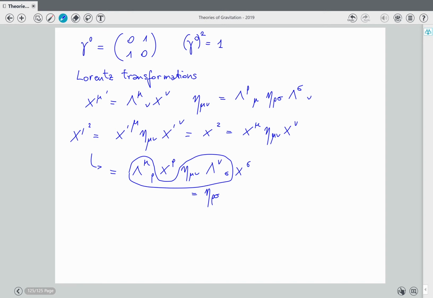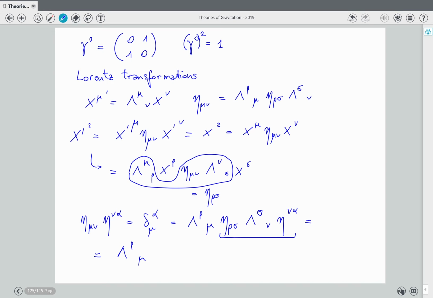If I raise an index here, so eta mu nu, let's say eta mu alpha, that's delta mu alpha, and that I can write as, by copying, eta rho sigma lambda sigma nu eta nu alpha. That I can also write as lambda rho mu, and I can view this as the same lambda with indices.